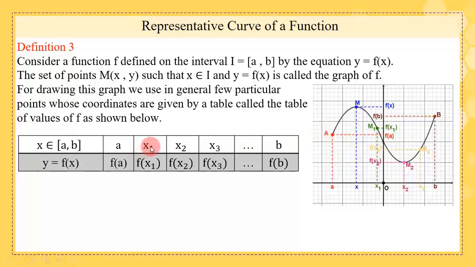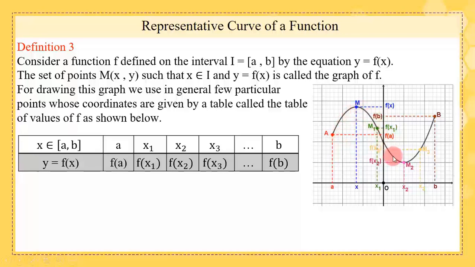Second, we take another point, for example x1. We calculate f of x1. We name it M1 and we locate it again. x2, f of x2, we locate M2 and so on. So we get several particular points.